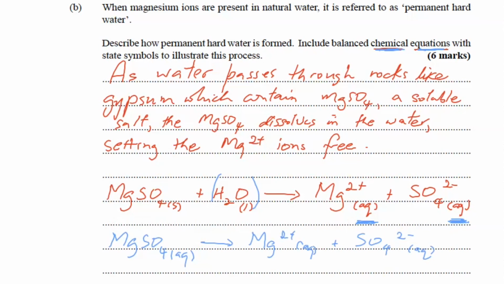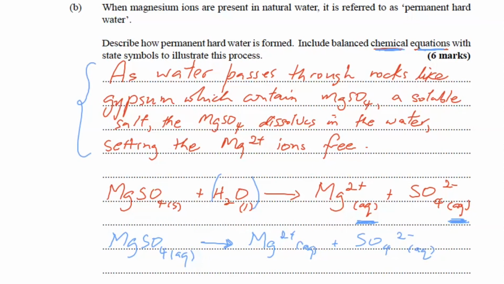It's balanced, but it's not supporting all that we've mentioned up top, showing really how the ions come about, how they just end up in the water like that. They're coming from the solid rock.